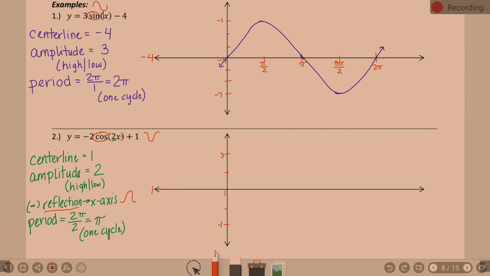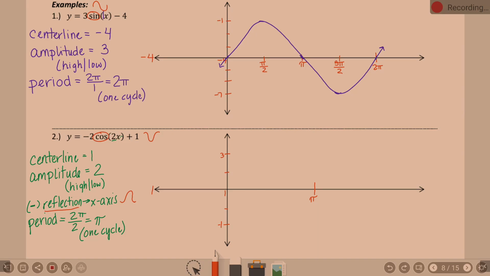I can have someone that only uses half of this x-axis, and I can have someone that uses the whole x-axis, and you can both get it perfectly right depending on your labels. Okay? So it's all about labeling. Here's the deal. My period is pi. Wherever you want to put it, I'm going to put it in the middle. What I know is that's as far as my graph goes. Okay, and I'm just doing this to kind of show you how it shrinks a little bit.